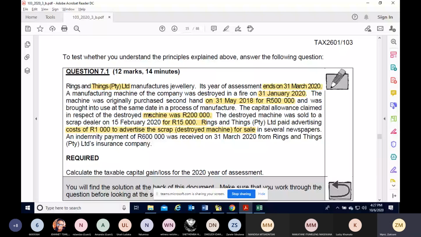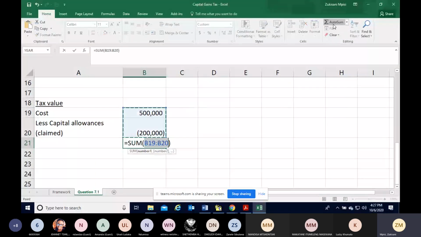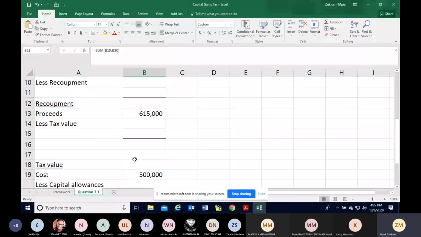The capital allowances claimed in respect of the destroyed machine was 200,000. Remember, I've told you that this 200,000 will always be given. Which means that the tax value is therefore 300,000. Now you are able to put this 300,000 here.